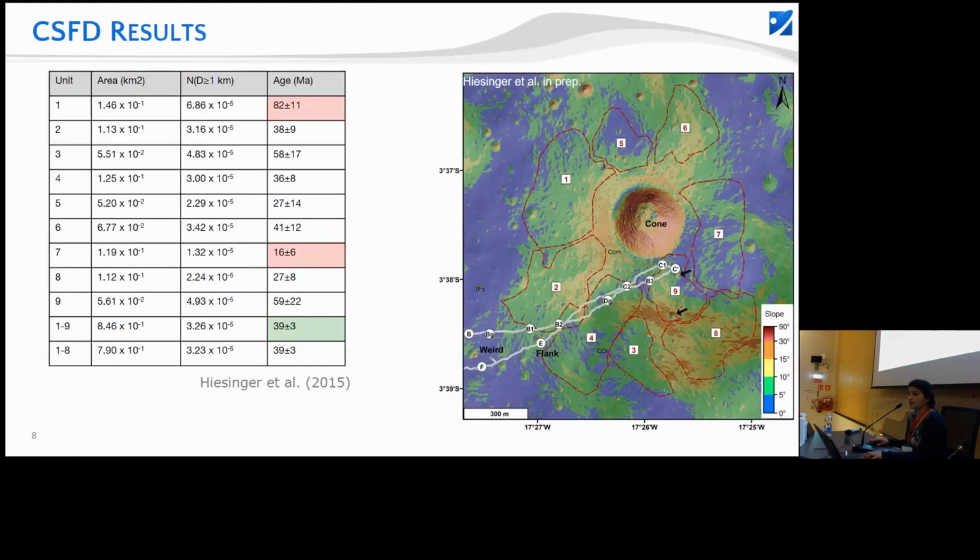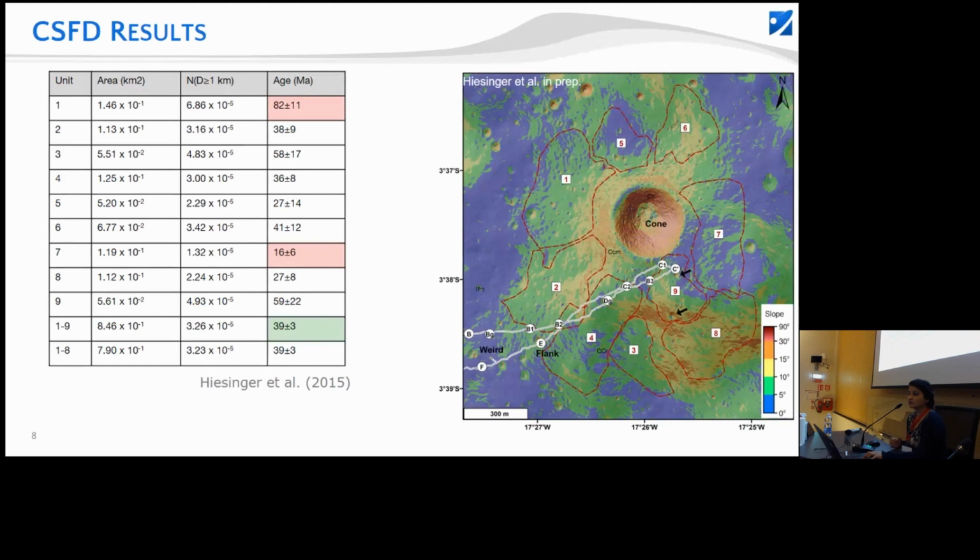And then, as I said, we have slope maps and DTM data, so we can see a lot more detail around these traverses. So what I started doing was looking at the areas that Harry had counted, and I will just present 3 areas.